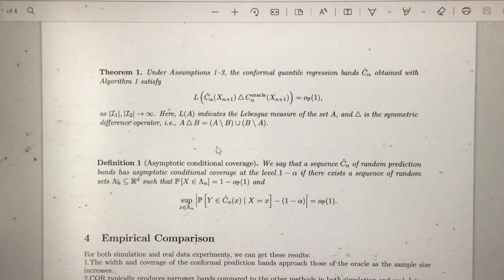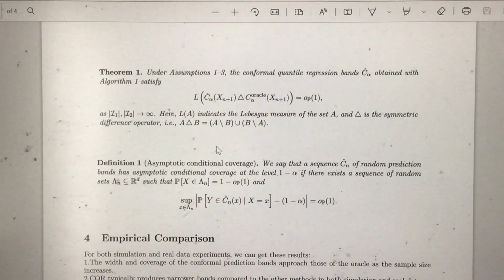We say that the sequence C hat n of random prediction bands has asymptotic conditional coverage at level 1 minus alpha if there exists a sequence of random sets such that the probability of x belonging to this set is 1 minus o P 1, and then the supremum of the probability of y belonging to C hat n given x, minus 1 minus alpha, is equal to o P 1. So this is the definition of asymptotic conditional coverage.